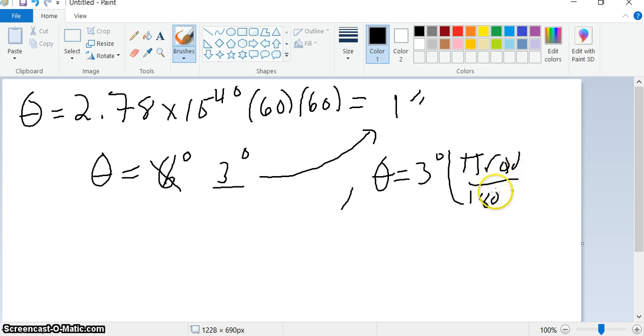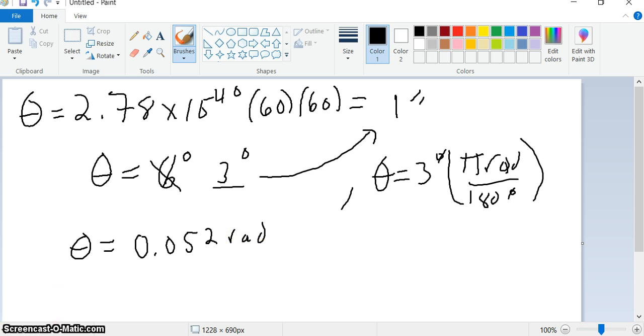The degrees cancel, and so it's just 3 times pi divided by 180. So theta is equal to 0.052 radian.